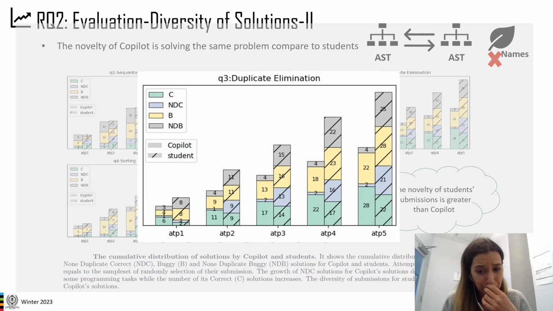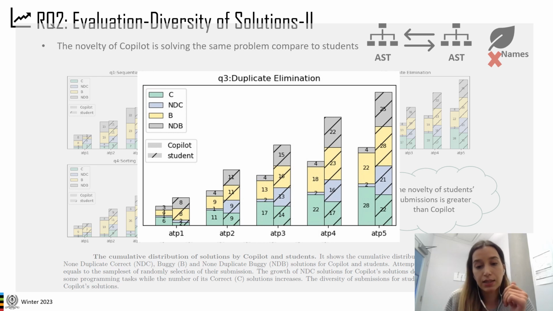For example, in this specific problem, a brief explanation of the graph: the bar charts with crossed lines represent the student results, and the bar charts without crossed lines represent Copilot. The bar chart shows the cumulative distribution of different types of solutions, for example, correct and buggy.